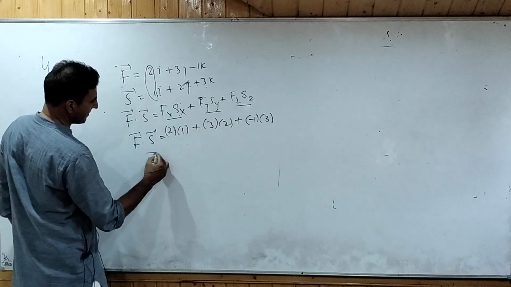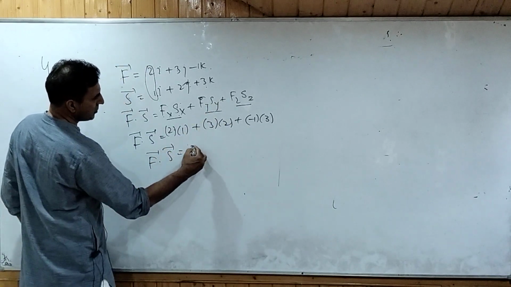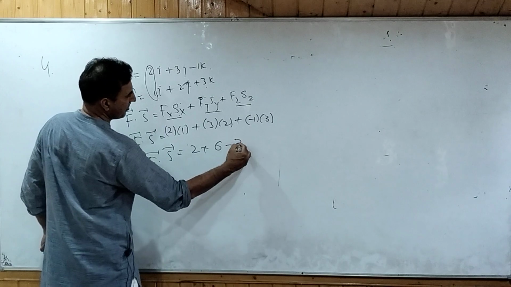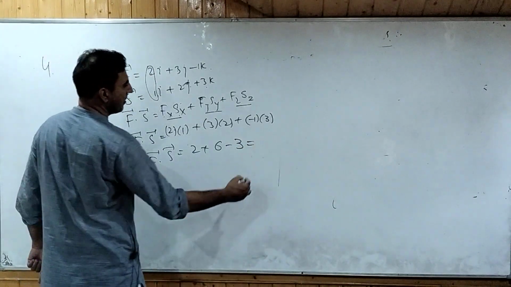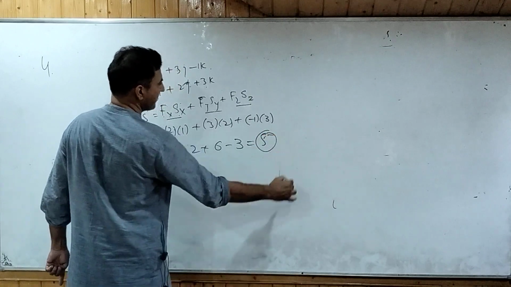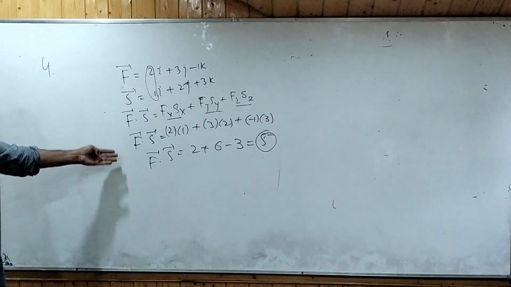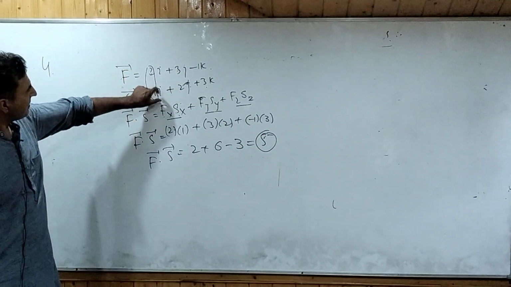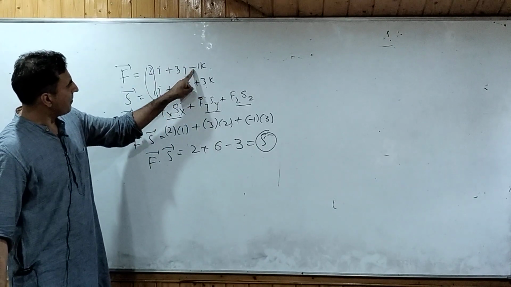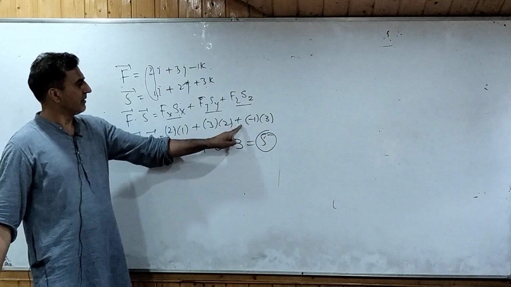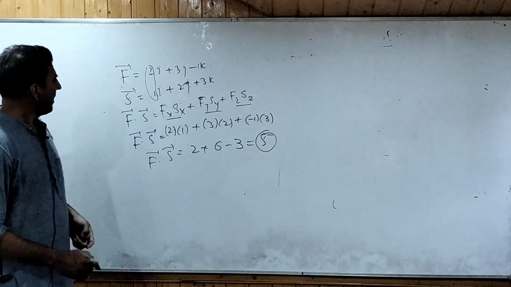That is f dot s is 2 plus 6 minus 3, that is 5 is the answer. This is how we do the things. Multiply these coefficients, but this is negative, this is positive, and finally this minus into plus will become minus.